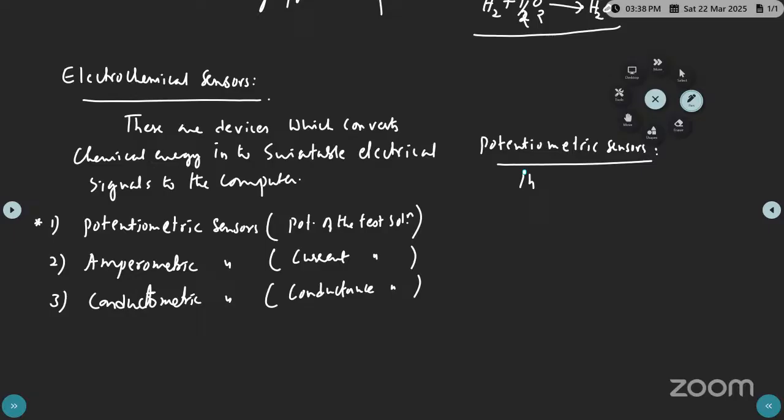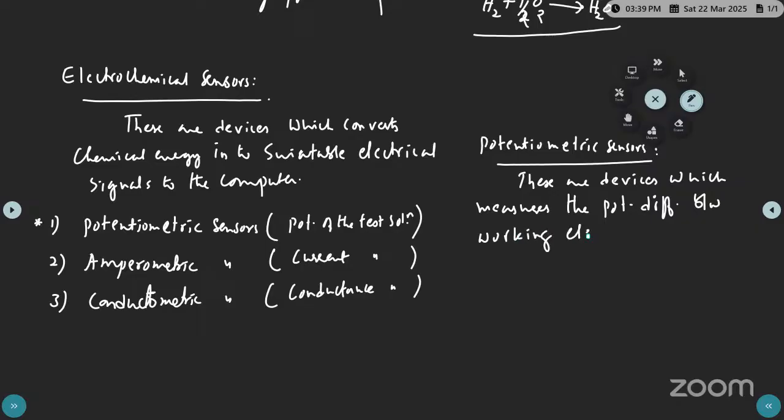So these are devices which measure the potential difference between working electrode and reference electrode.